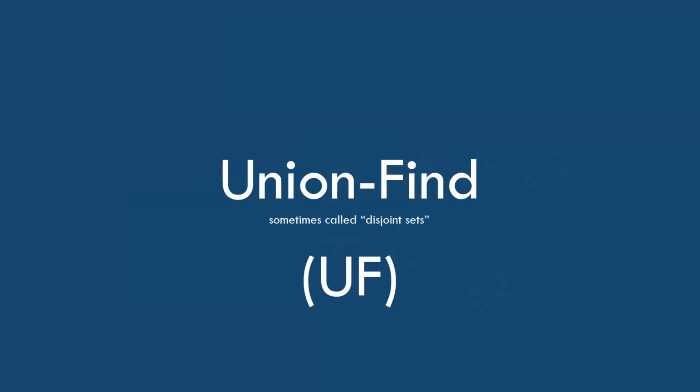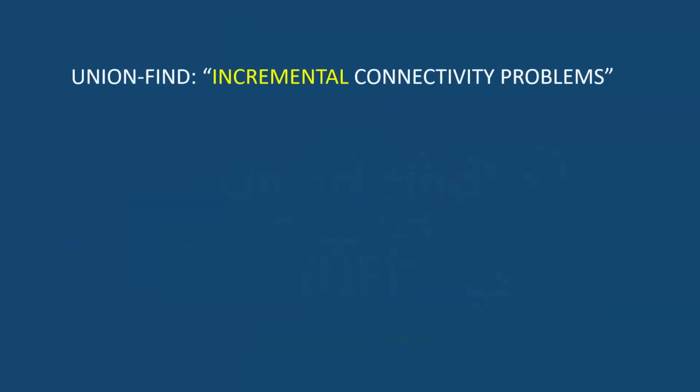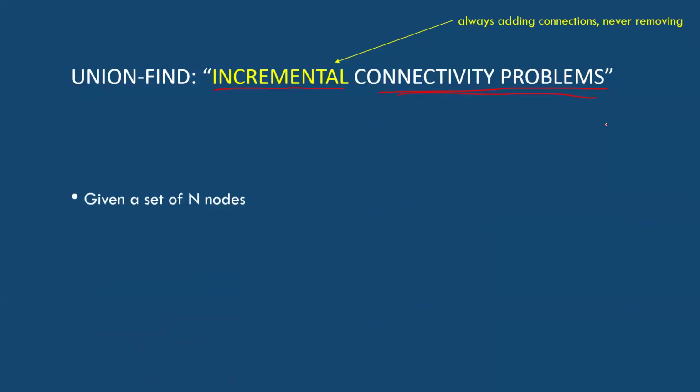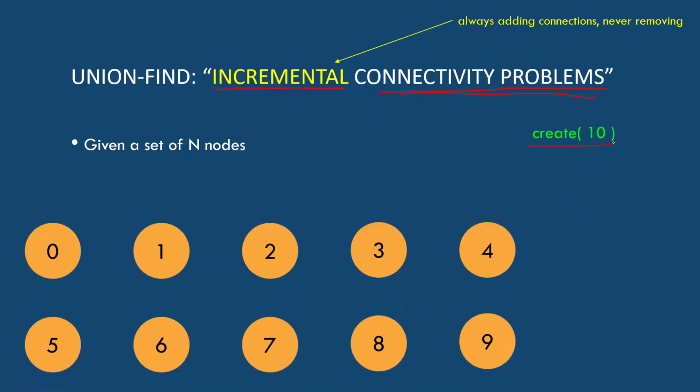So let's take a look at how we put this thing together and how we theoretically represent that. And remember that we're talking about incremental connections. Like we can always add more connections and be very efficient at answering questions. So given some set of nodes, create or call a constructor to create some data structure, then we'll go ahead and add our edges, but we're going to call it unify.